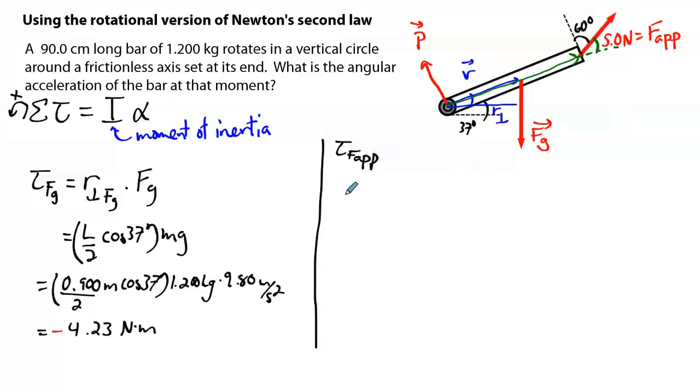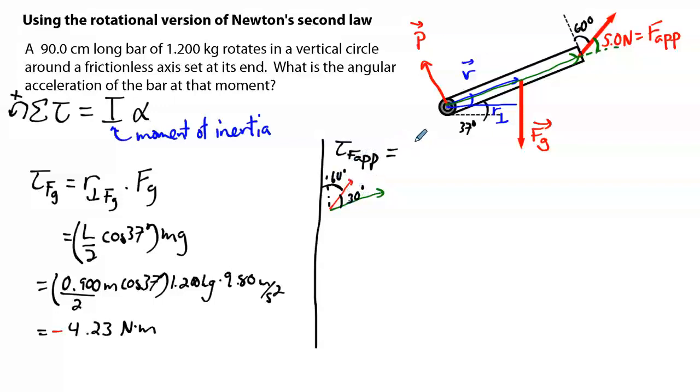So if I redraw this in here, we would get the R vector pointing this way, and then the force pointing this way, and the angle between the two that we're looking for is not the 60 degrees that was perpendicular to the bar, but rather we want to use the 30 degrees that is the angle between the two vectors.